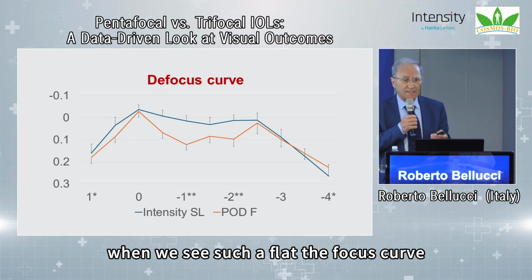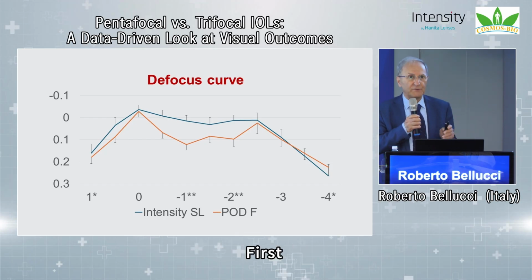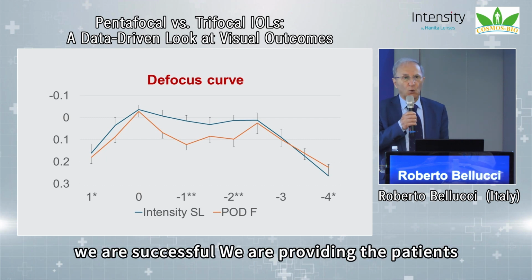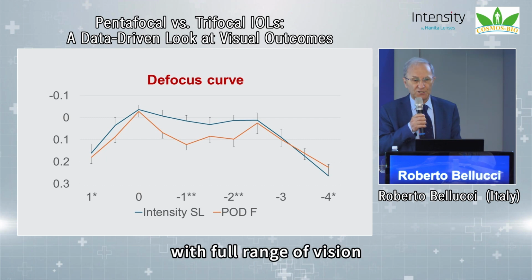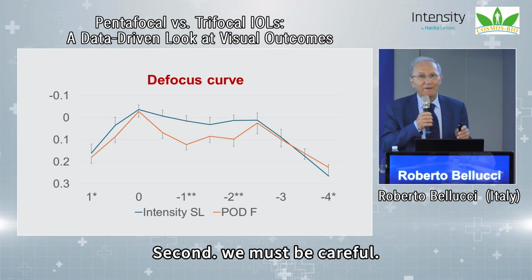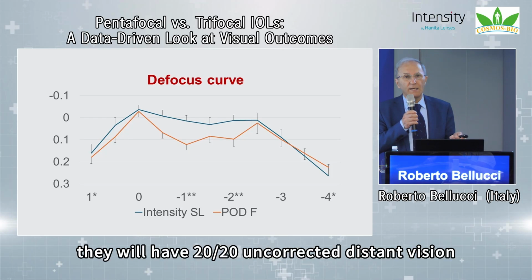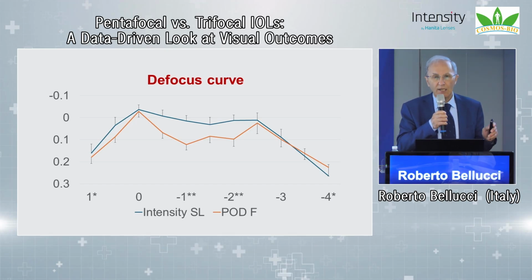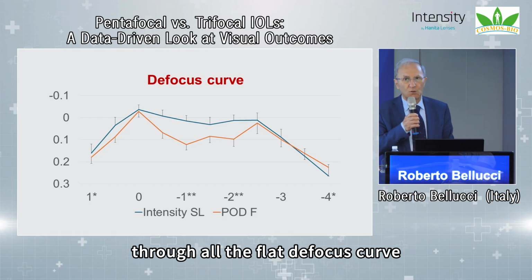Because when we see such a flat defocus curve, we should keep in mind two things. First, we are successful. We are providing the patients with full range of vision. Second, we must be careful because they will have 20/20 uncorrected distant vision through all the flat defocus curve.